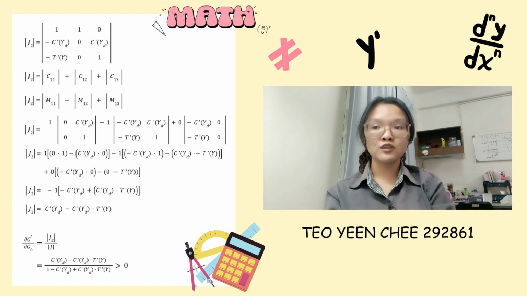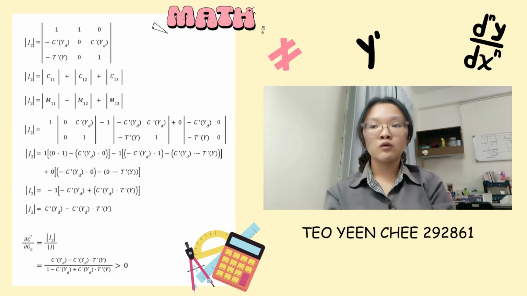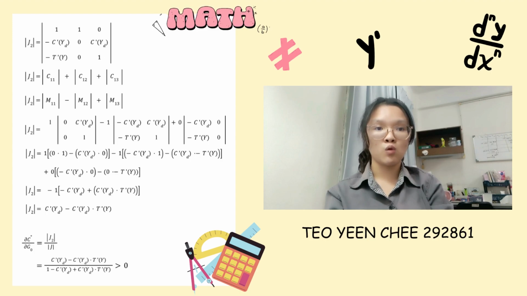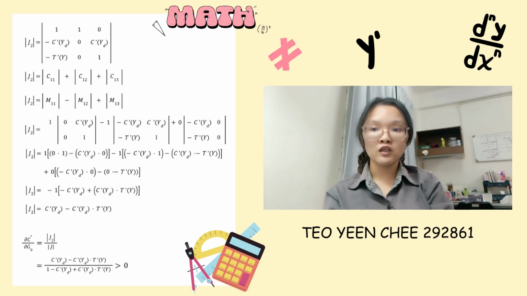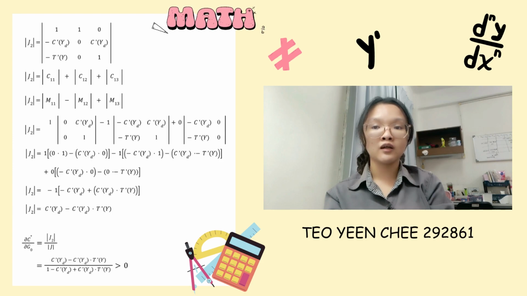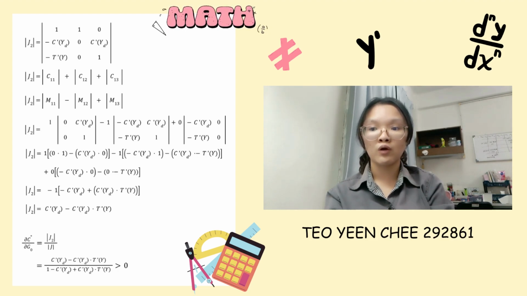Putting the first row in front of C11, C12 and C13, then we will get J2 equals 1 multiplied by the determinant of 0, 0, C prime YD, 1, minus 1 multiplied by the determinant of negative C prime YD, negative T prime Y, C prime YD, 1, plus 0 multiplied by the determinant of negative C prime YD, negative T prime Y, 0, 0. After we calculate all, then we will get J2 equals C prime YD minus C prime YD multiplied by T prime Y.